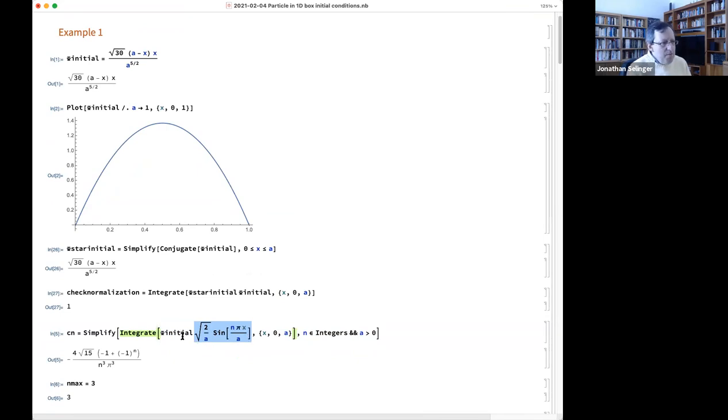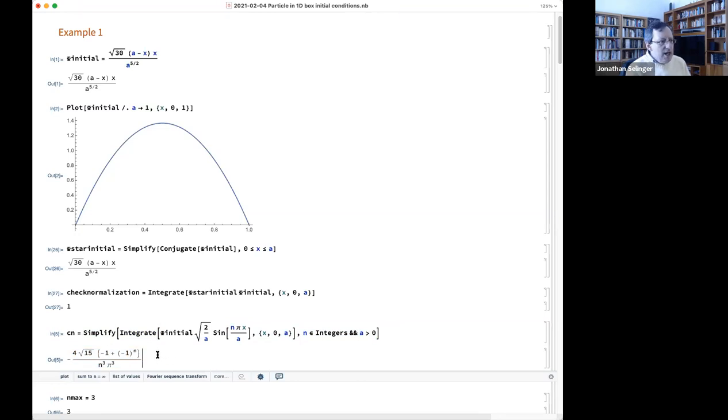I multiply these things and then I integrate where x goes from 0 to a. When I do the integral, I tell Mathematica a couple of facts. I tell Mathematica to assume that n is an integer and a is positive. And so here's an answer.